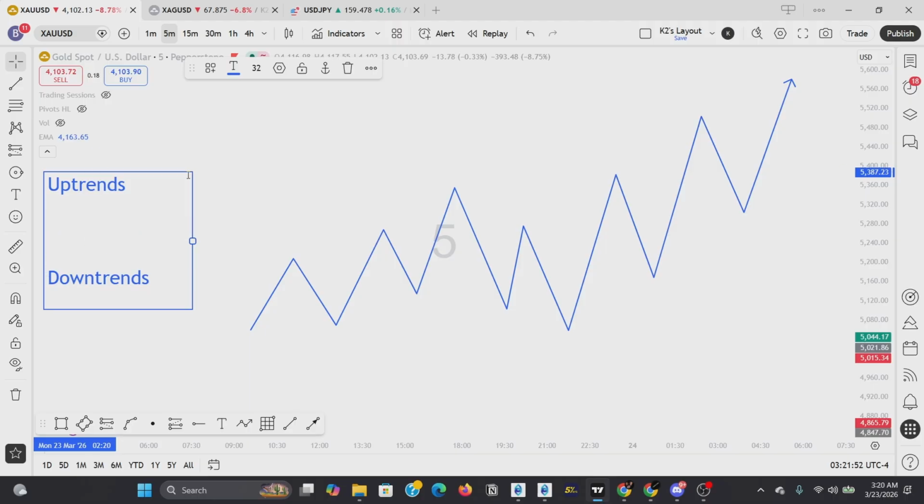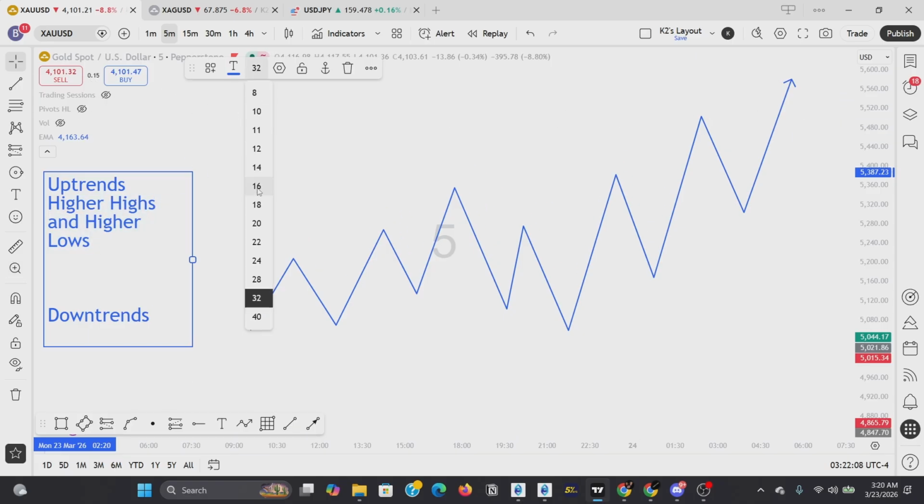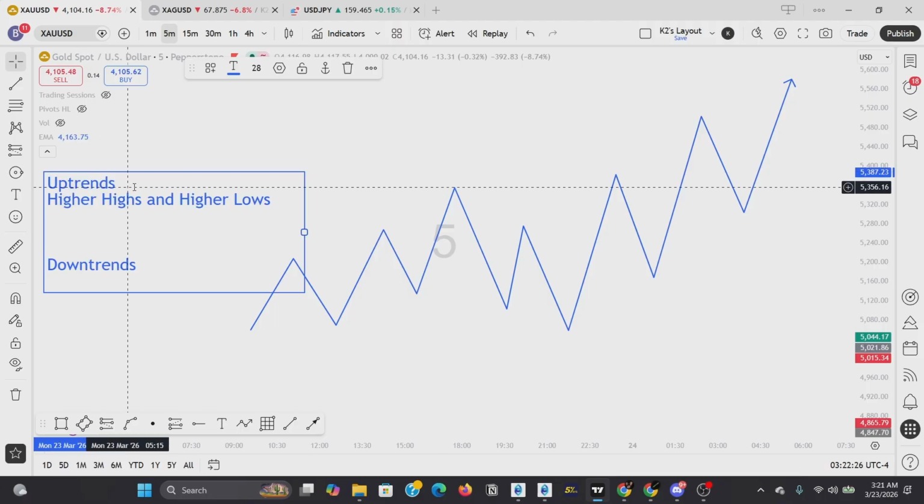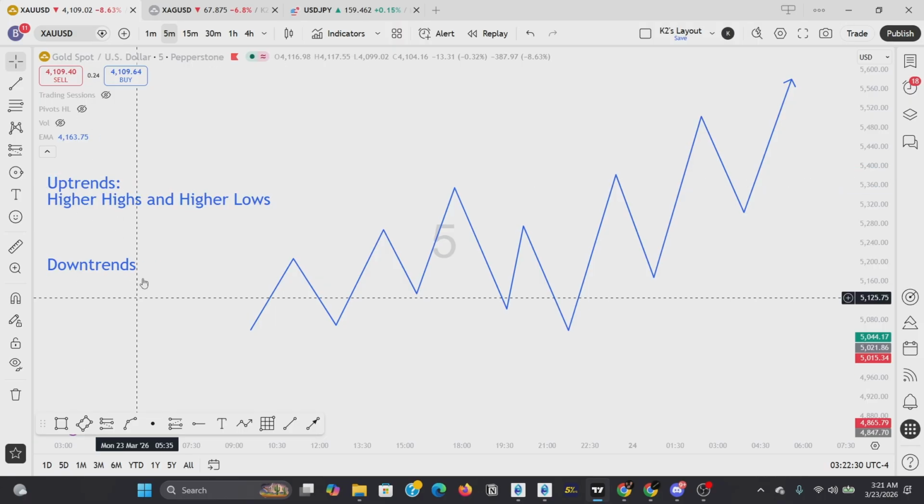All right, so uptrends will always carry higher highs and higher lows. Uptrends will always have higher highs and higher lows.